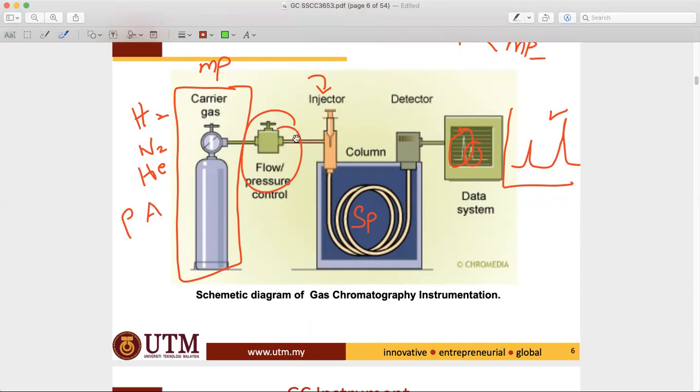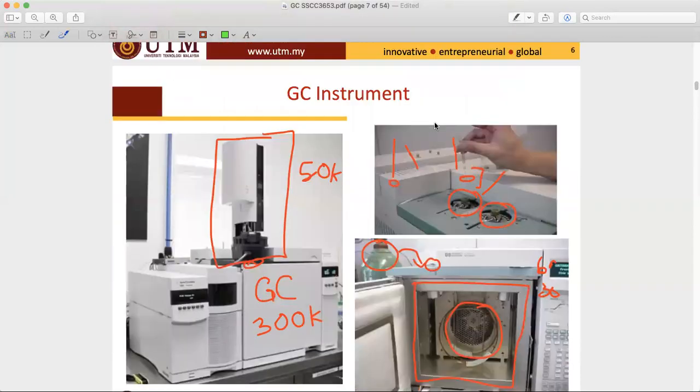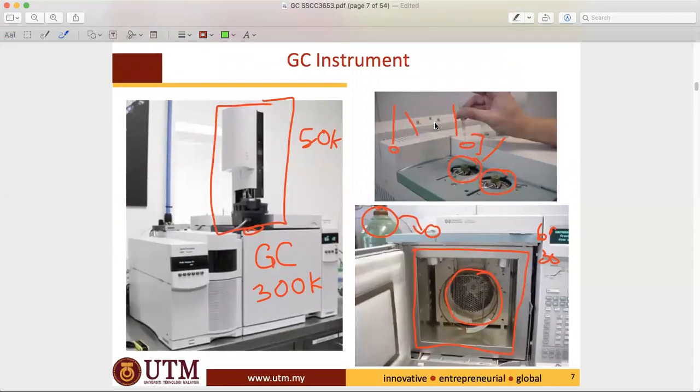And we also looked at the injectors, the injector modes, the columns where the stationary phase resides, and the detector. As I mentioned, these are the real GC instruments, where the injection ports are and how the autosampler works, and these are the ovens which house the column.